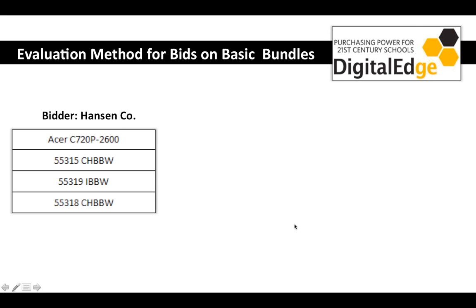All right, so in the case that the Hansen Company has bid on these bundles on their bid form, and nobody else has bid on this exact same collection of models, then the Hansen Company will receive the award for what they bid on their bid sheet that has these 4 models on it, if they're responsible and if they're responsive.